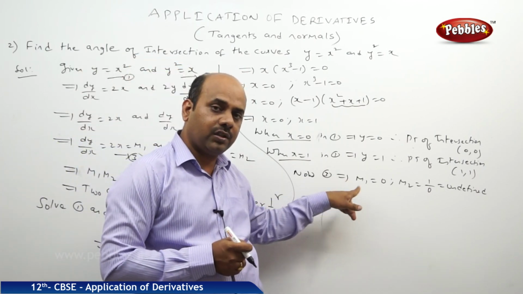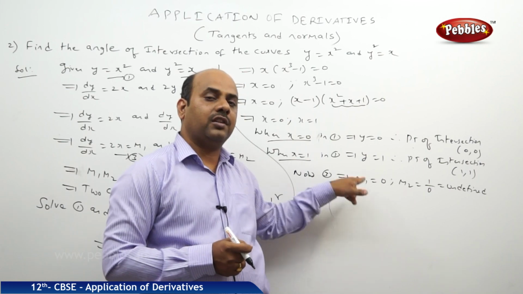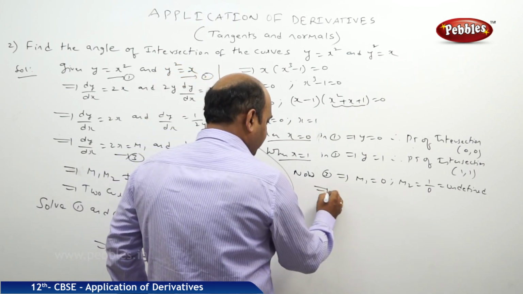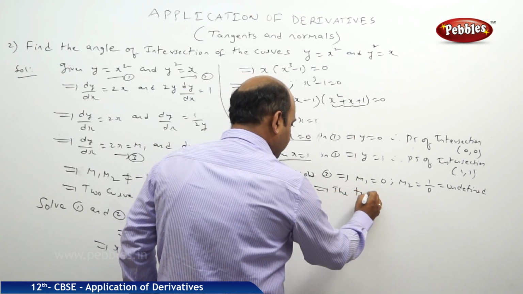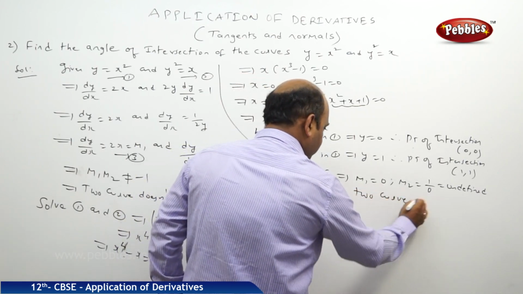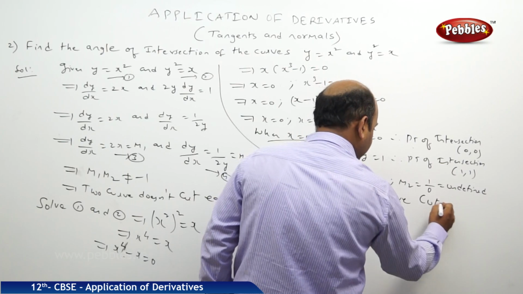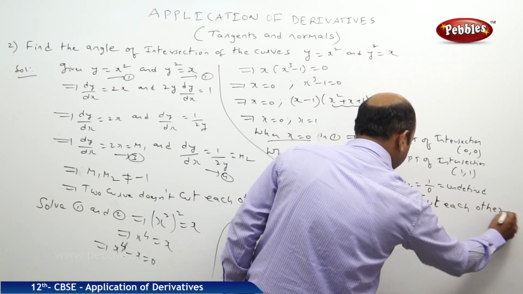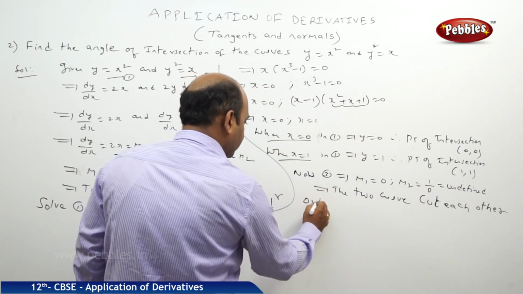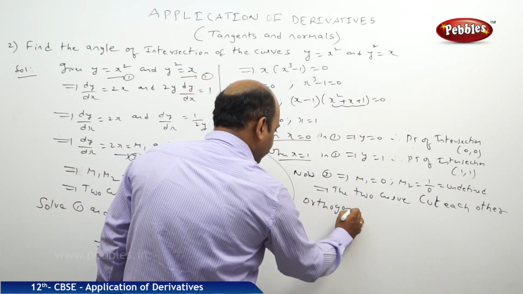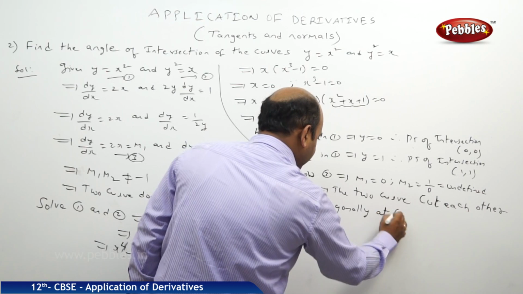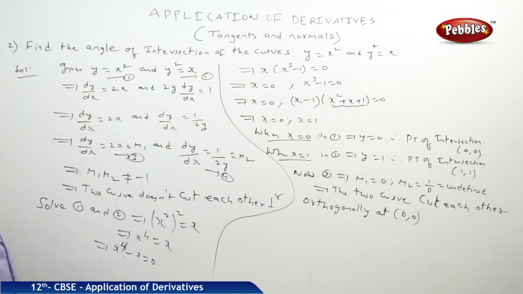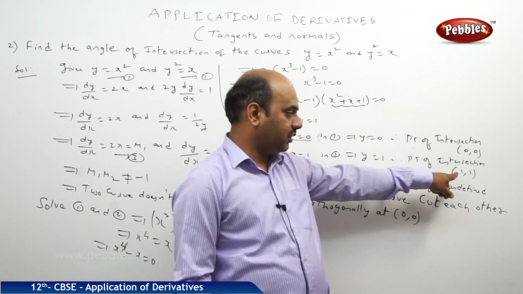At this particular point (0, 0), the two curves cut each other orthogonally at (0, 0).